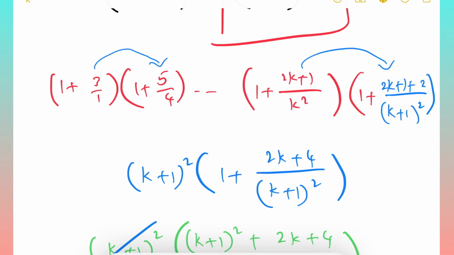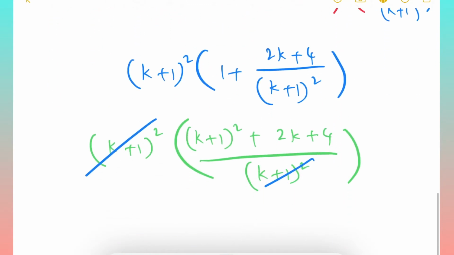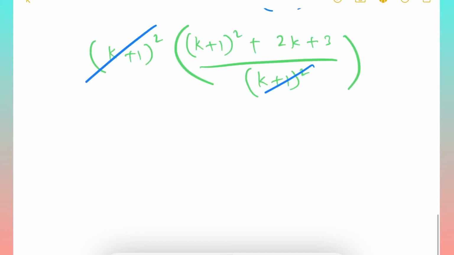Here plus 2 only actually, so that it will become plus 3 then, and then here also same plus 3 it will be, plus 3. Okay, now so we remain with k plus 1 whole square plus 2k plus 3.